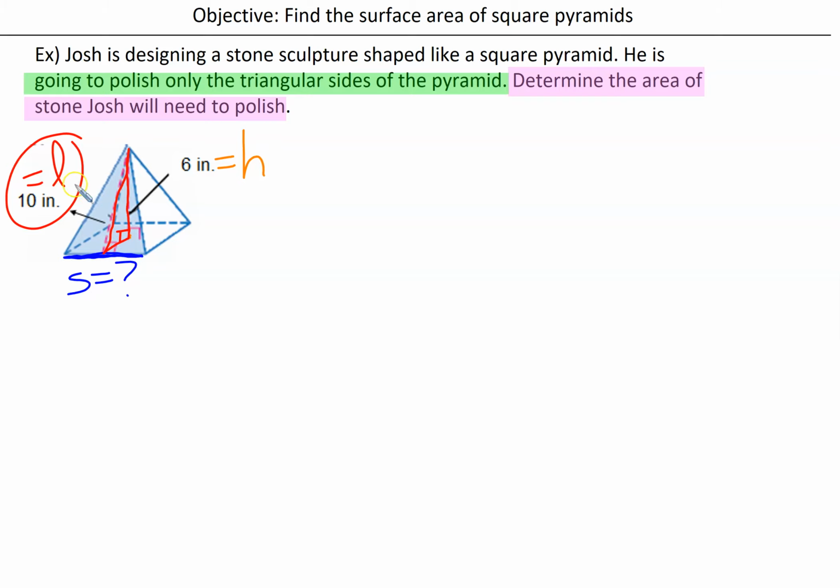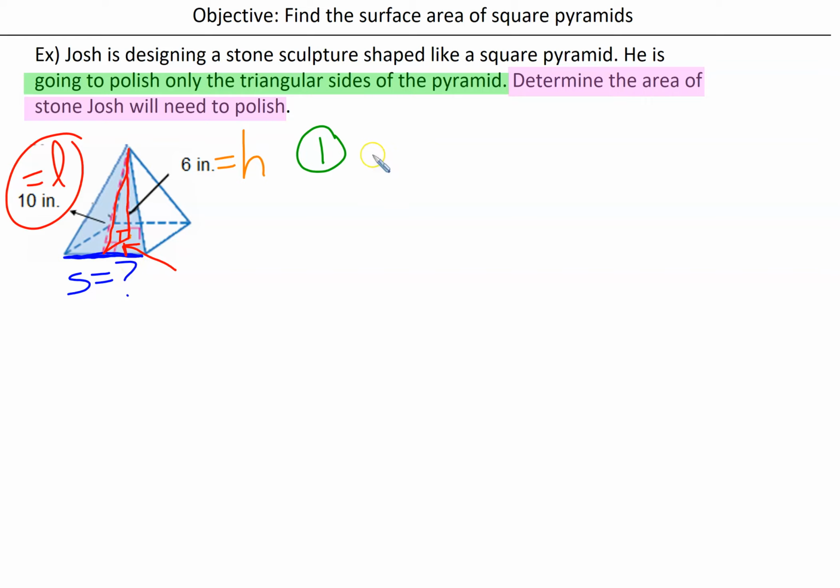Where the L would be our hypotenuse, the 6 inches would be one of the legs, and that little measurement right there would be, of course, the other side. We have to realize that's not S, that is half of S. So we've got a couple of steps here to find S. So the first thing we're going to do is figure out that measurement right there. So I'm going to call that A.